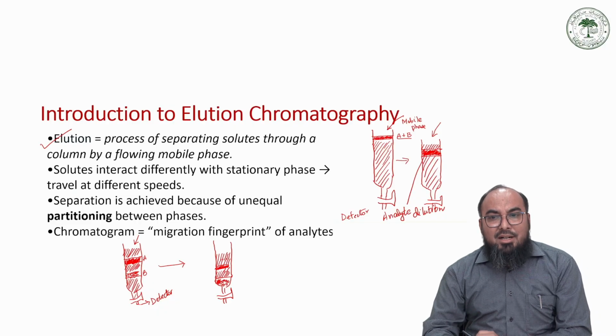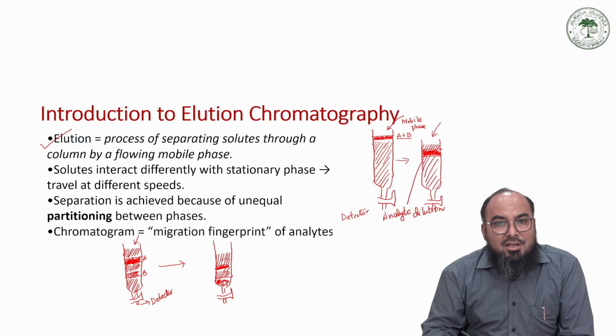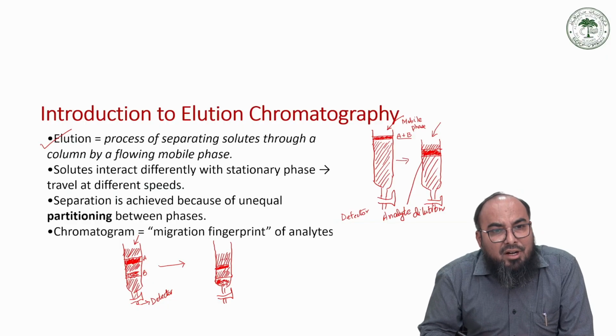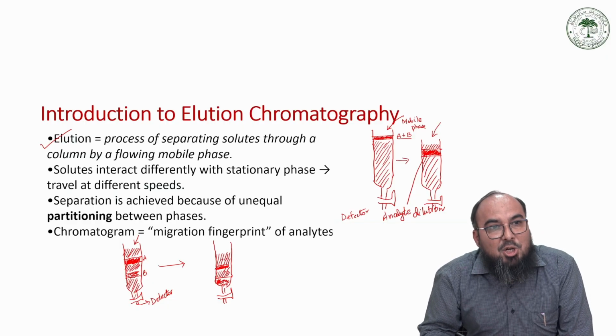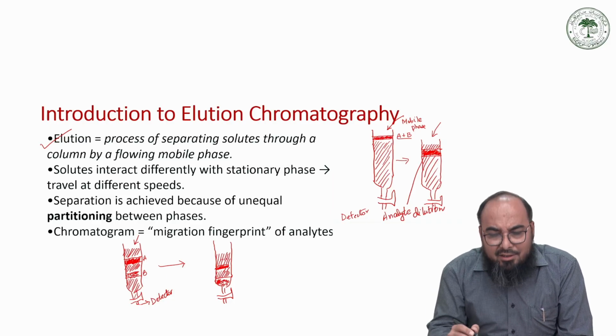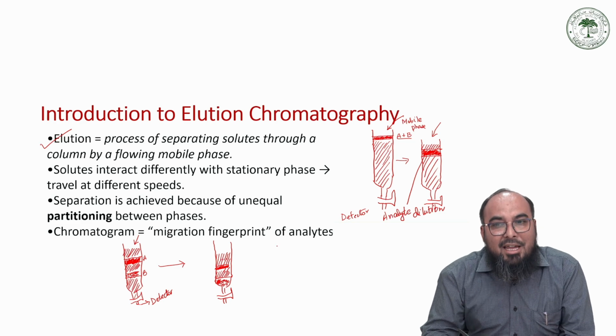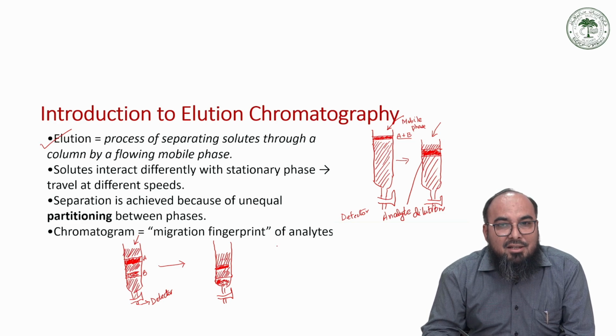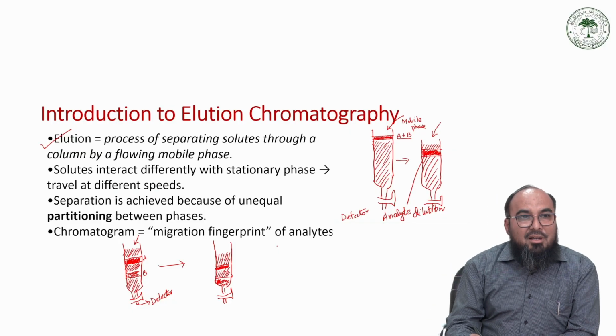These two components start separating because A has a different affinity to bind with the stationary phase, while component B has a different affinity to bind with the stationary phase. Because of the difference in affinities, they have weaker and stronger interactions with the stationary phase. The stronger the interaction, the more time they stay with the stationary phase, that is, they are going to elute at a later time.